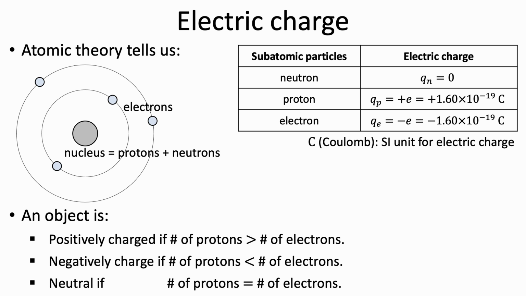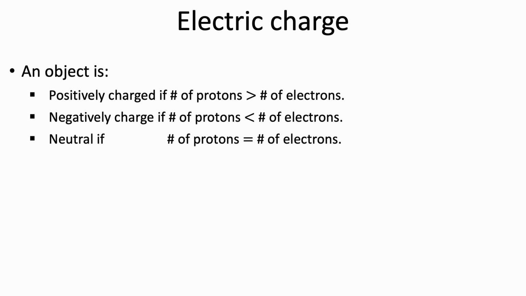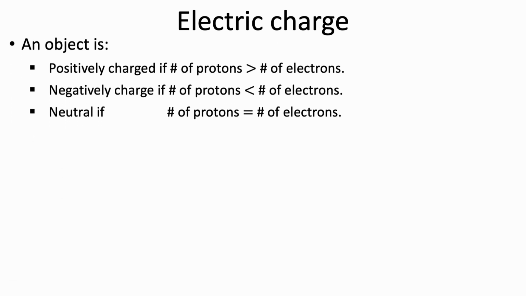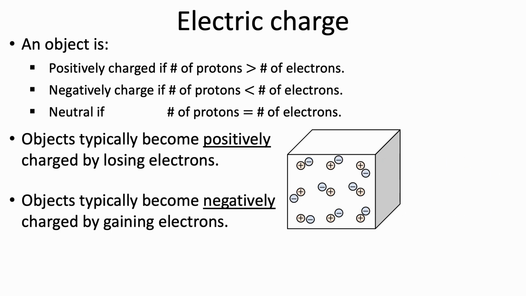It is neutral if it has an equal number of protons and electrons. In most solid objects, electrons are mobile, while protons are relatively immobile. For this reason, objects typically become positively charged by losing electrons, and they typically become negatively charged by gaining electrons.